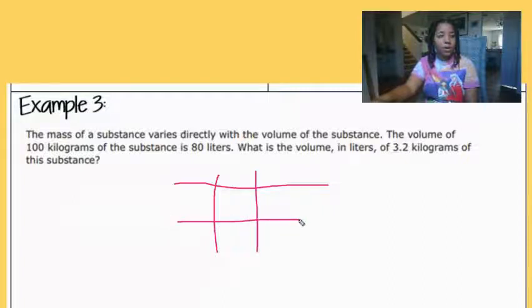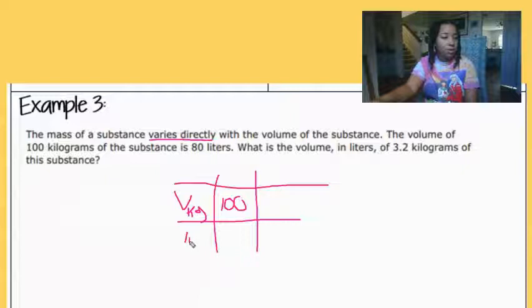Okay. So ratio box. So the mass of a substance varies directly with the volume of the substance. So we know kilograms is going to be one thing, of 100 kilograms. So kg per kilograms. And we know that this is going to be 100 of the substance for liters.